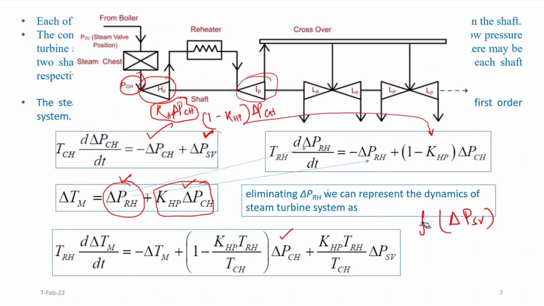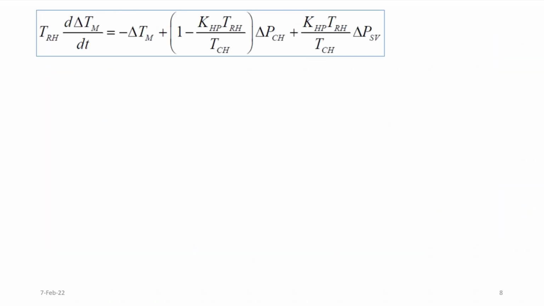So now we have written delta T_m as a function of delta P_SV. This is the final differential equation of the turbine.